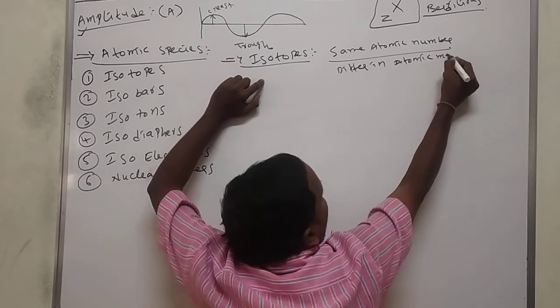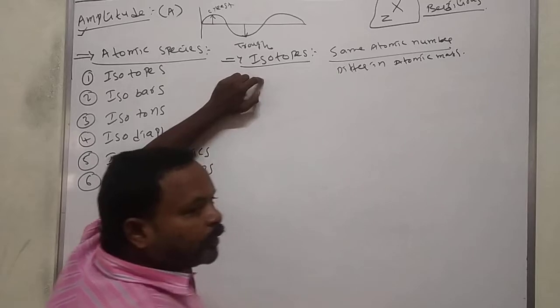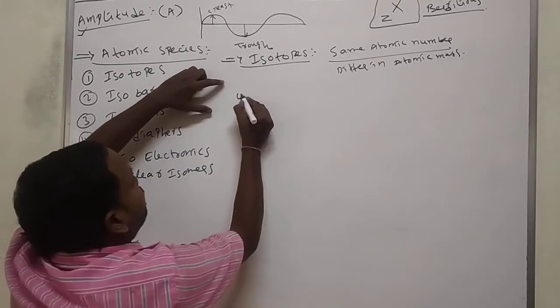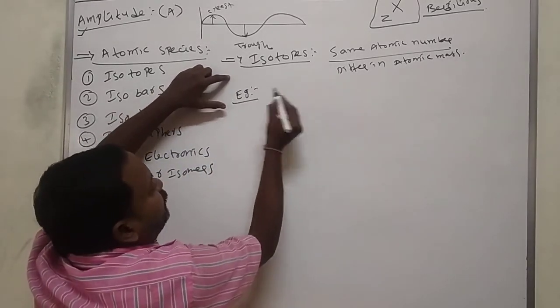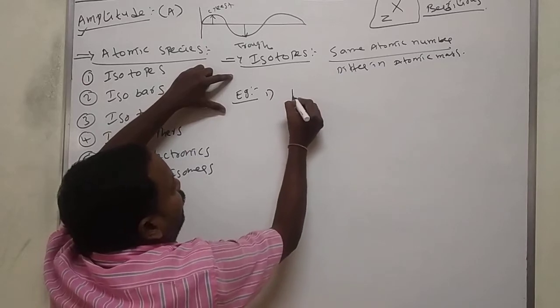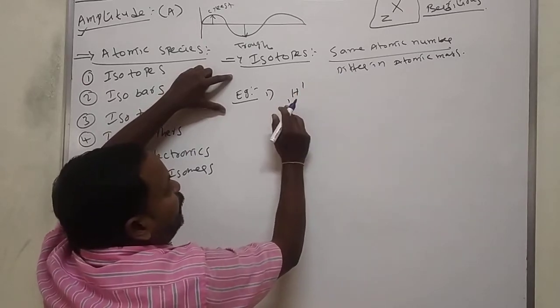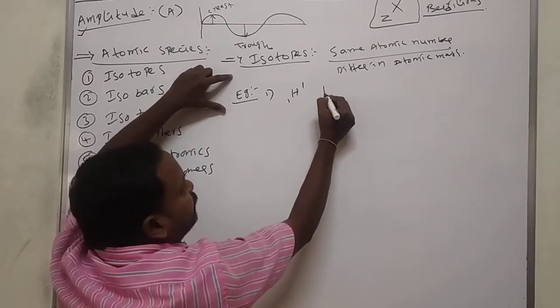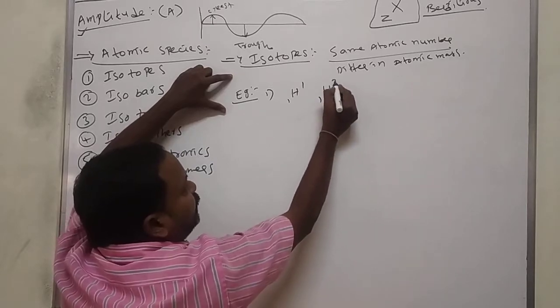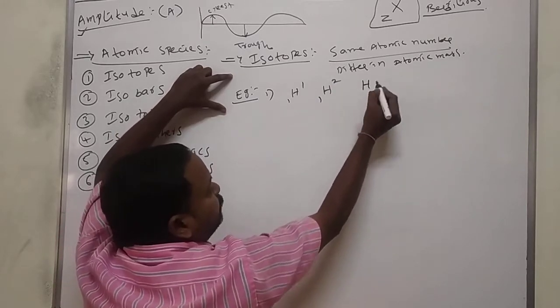See examples for this. So many examples are there. First example, hydrogen: atomic number 1, mass number 1. Hydrogen atomic number 1, mass number 2.